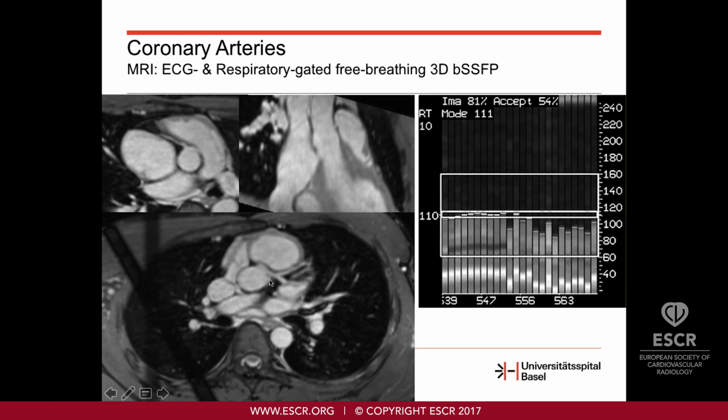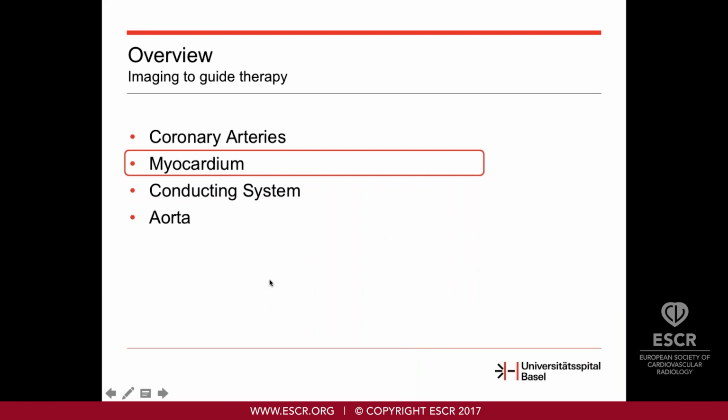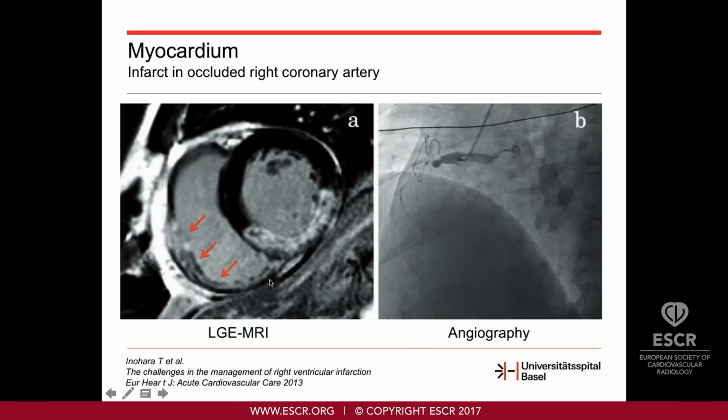You can also see it here on this multiplanar reconstruction: the aorta, pulmonary trunk, and squeezed in between is the main pulmonary artery. So this is also referred to as a malignant variant of the coronary anatomy, and that's an important finding to guide therapy because this is a candidate for surgical reinsertion of the main coronary artery.